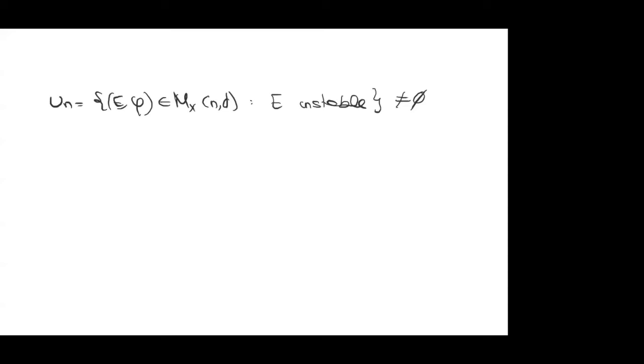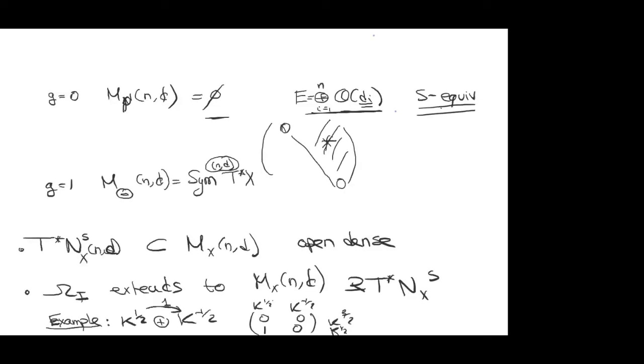So this is a difference with the moduli space of rank 1 Higgs bundles. I've mentioned the symplectic form omega I, and in fact, let me say that it has the same shape. So it's again by duality.